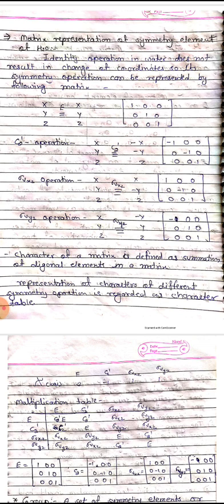What is character? It is summation of diagonal elements for a given matrix of a particular symmetry operation. And representation of character at different symmetry operations is regarded as character table.